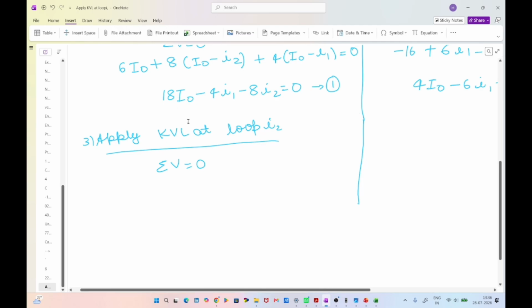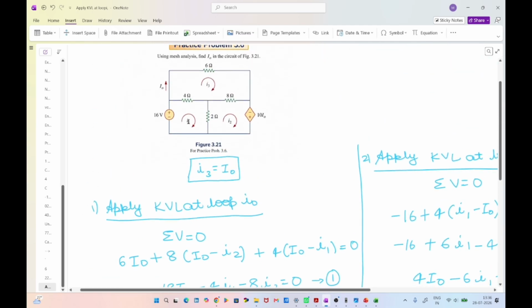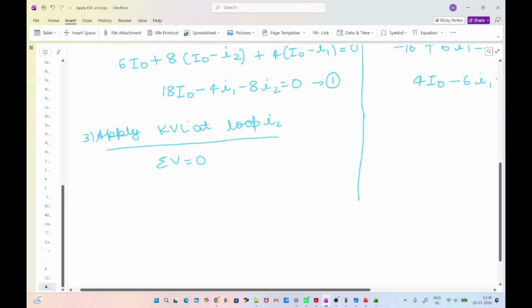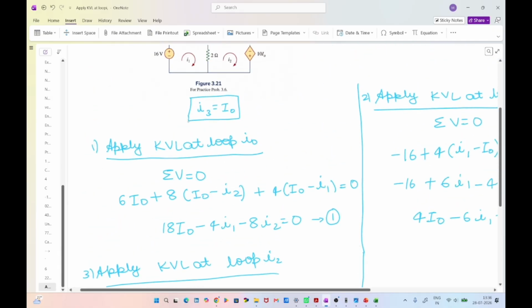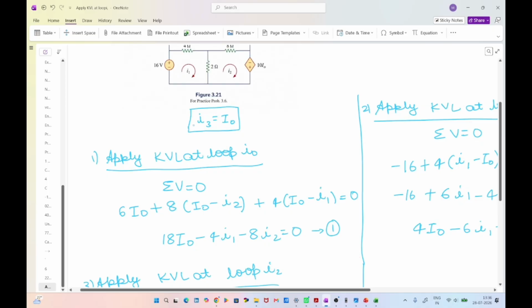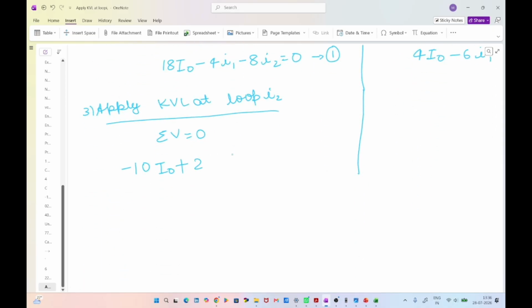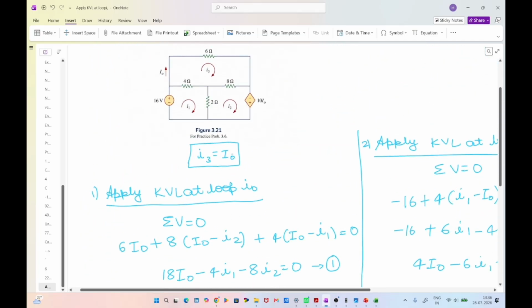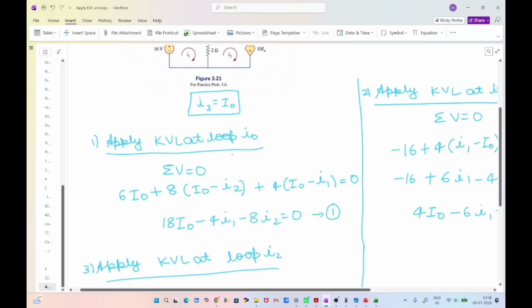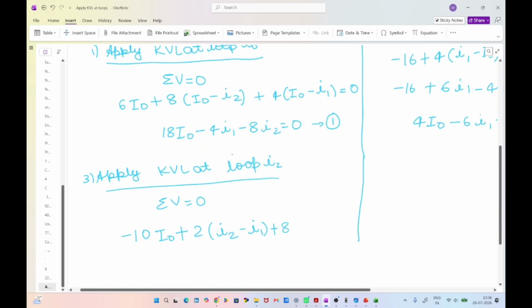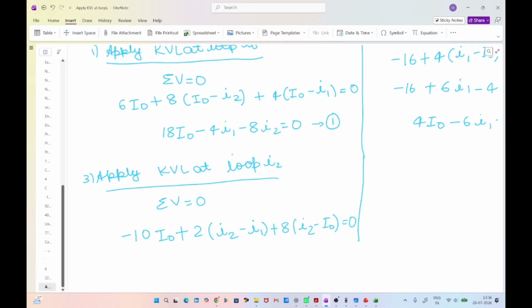Here it is minus 10 I naught, and then plus 2 times I2 minus I1, and then plus 8 times I2 minus I naught is equal to 0.